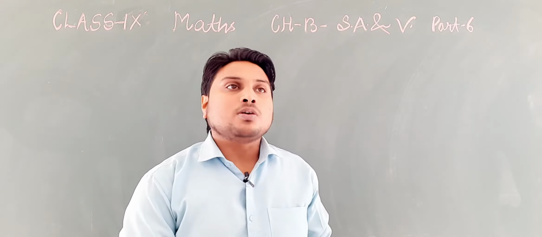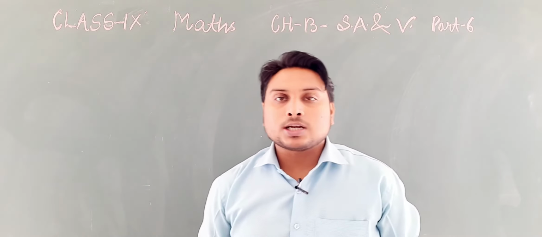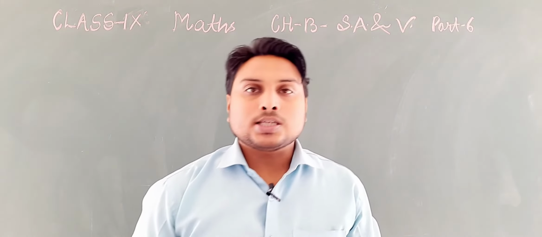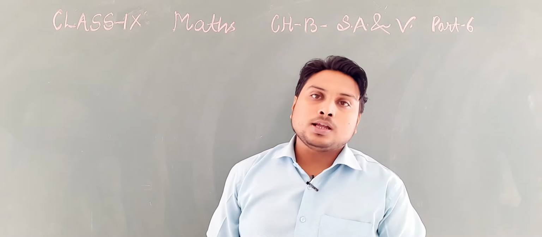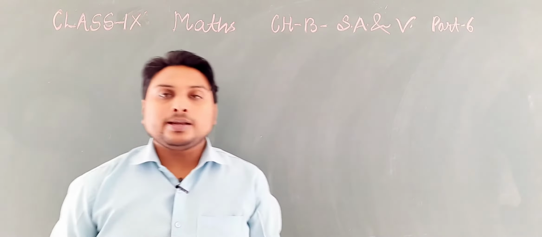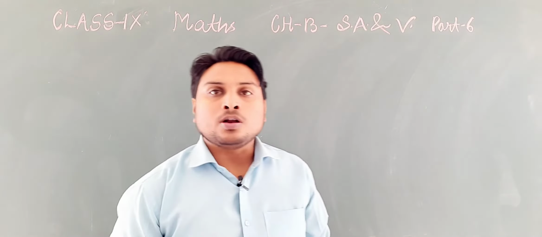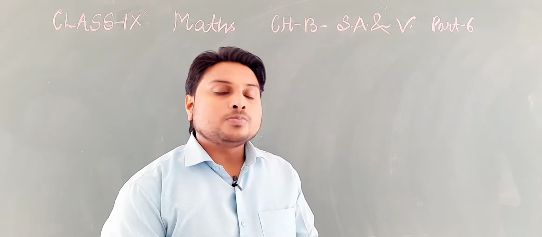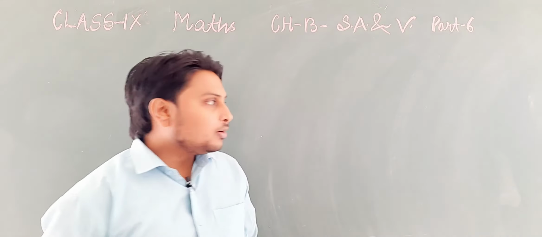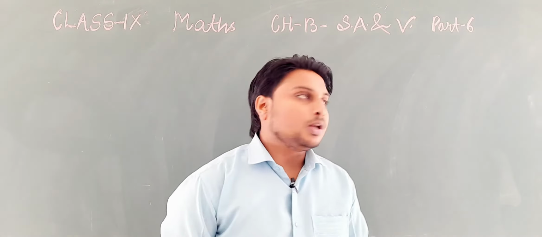After that we solved exercise 13.2, which was related to surface areas of cylinder, and in the last part exercise 13.6, which was based on the volumes of cylinder. Today we will see a new solid.